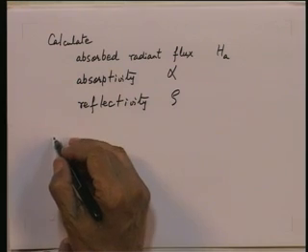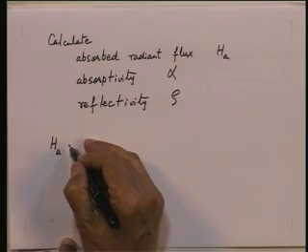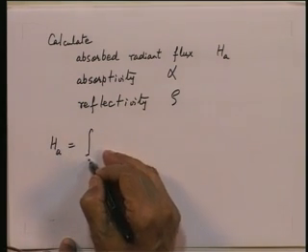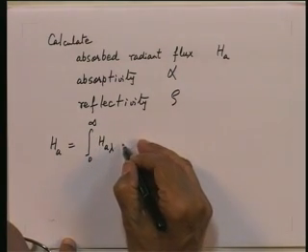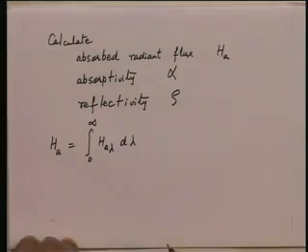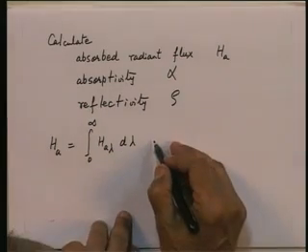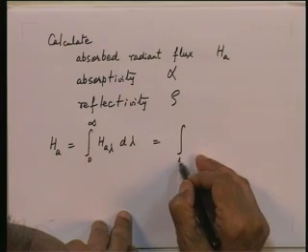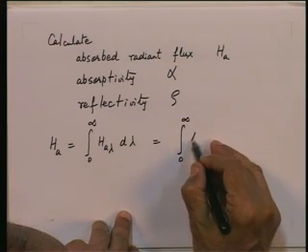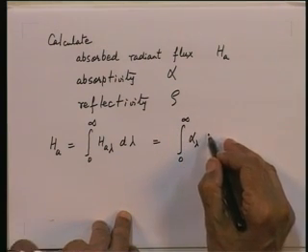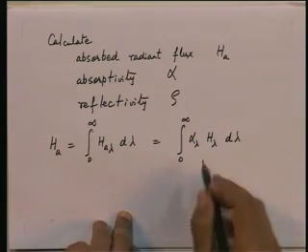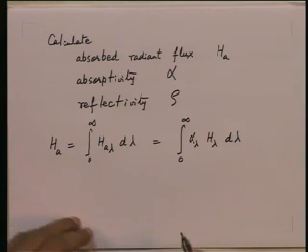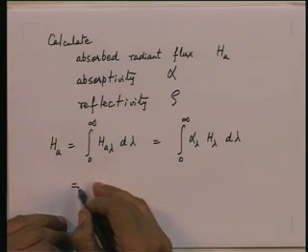Okay. Now, what are they? Very easy to find out. H A, the absorbed radiant flux, is the integral 0 to infinity of H A lambda d lambda. That is nothing but the integral 0 to infinity of alpha lambda H lambda d lambda, where H lambda is the incident flux. Let us do it in steps.